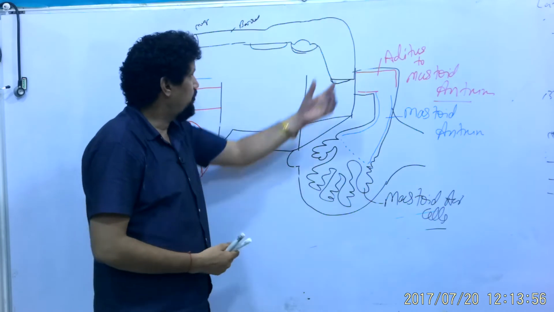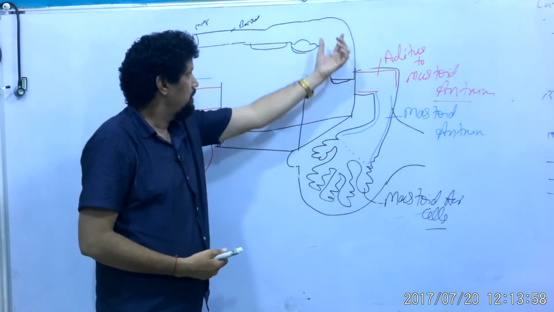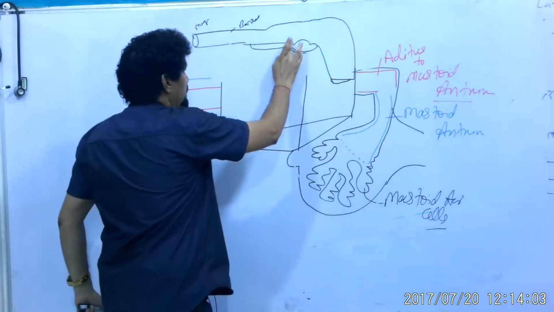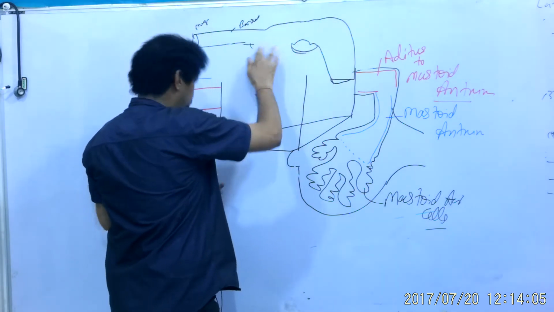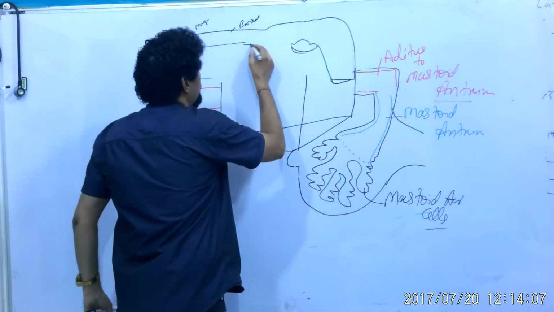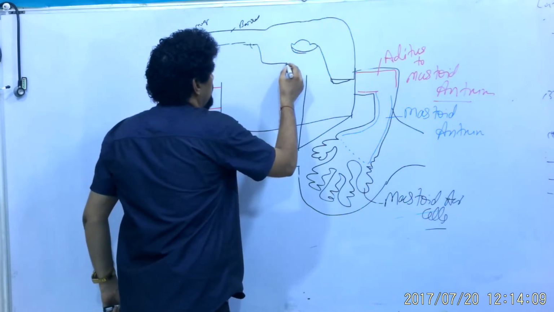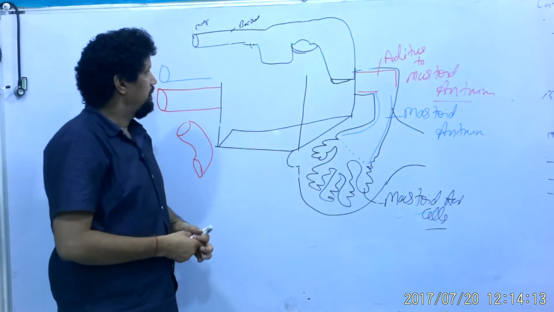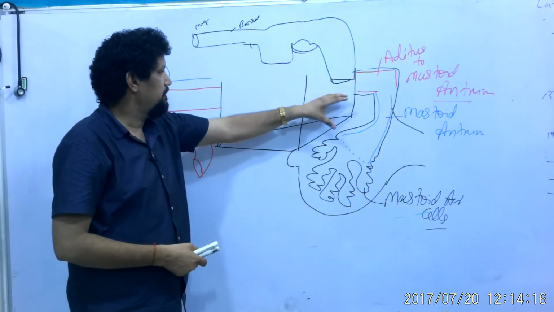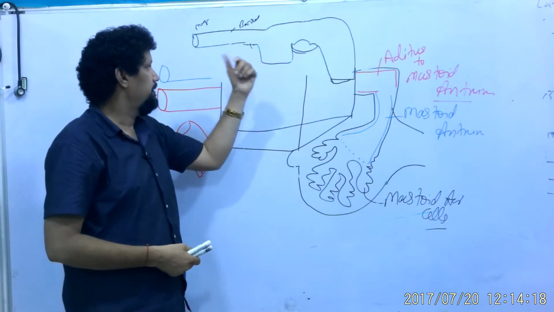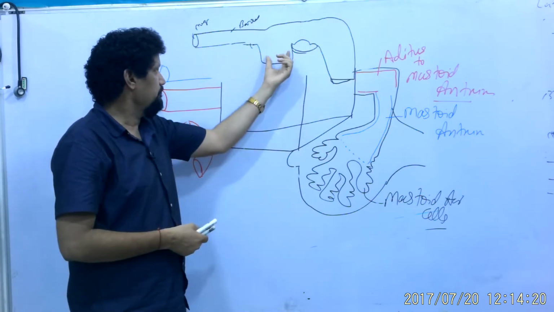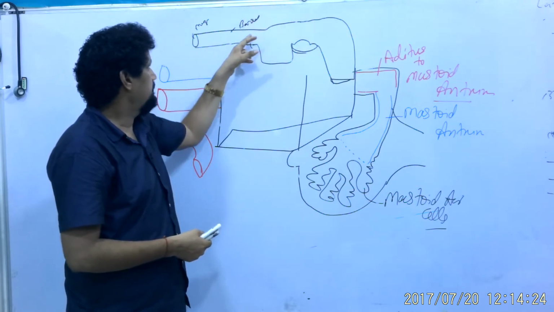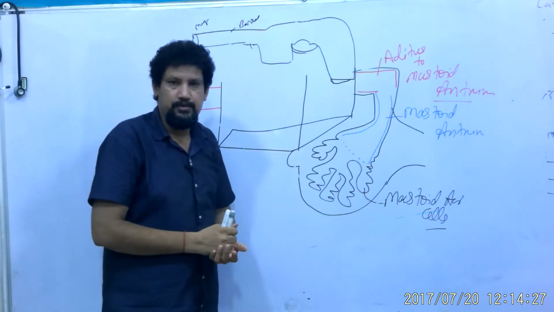So this part is formed by the mastoid antrum, this is the aditus to the mastoid antrum, this part is the tympanum, the upper part is the epitympanic recess, and this is the eustachian tube.